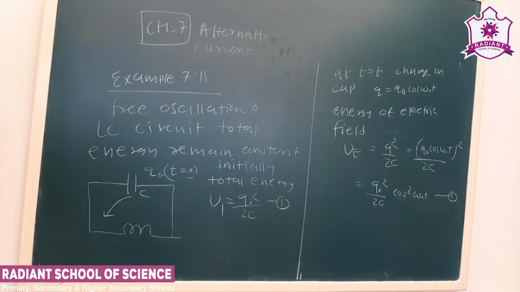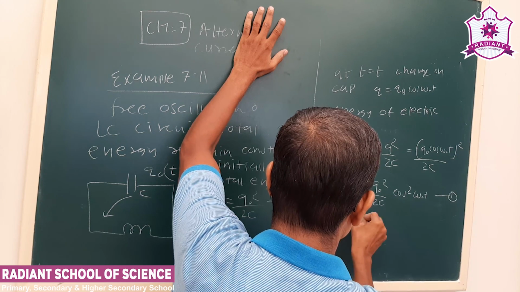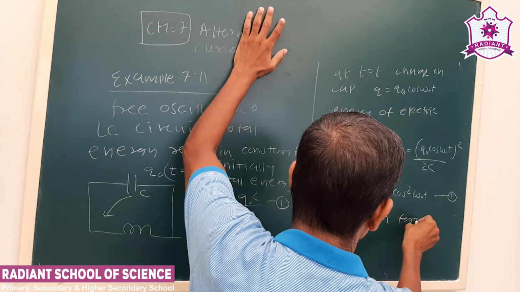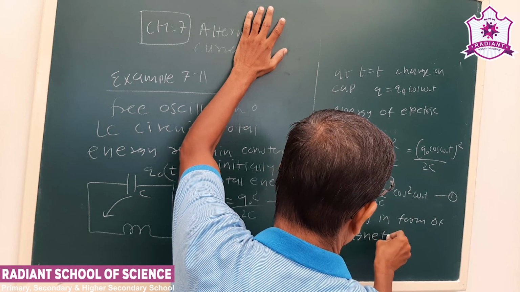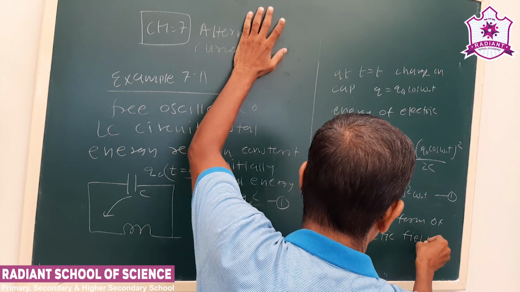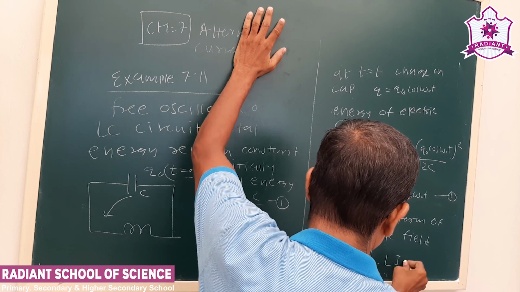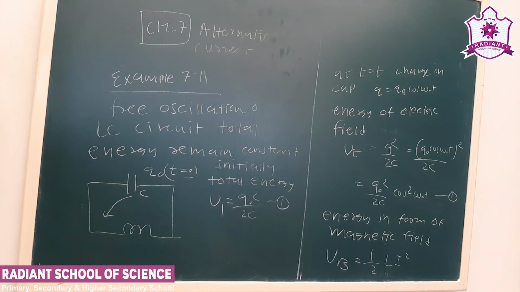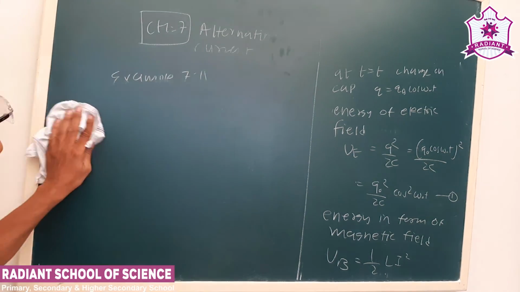Now see, part of the energy is converted into the form of magnetic field. UB stands for magnetic field energy, 1 by 2 L i square. Now the current i is dq by dt.